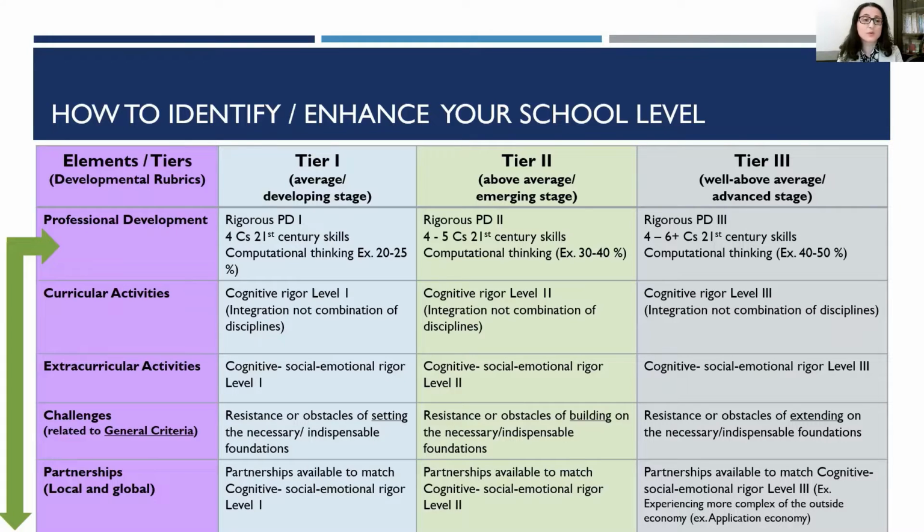I'm using the word rigorous because almost every school in the world has professional development. But rigorous professional development is a robust system tailored to the stakeholders themselves, tailored mainly to the teachers.